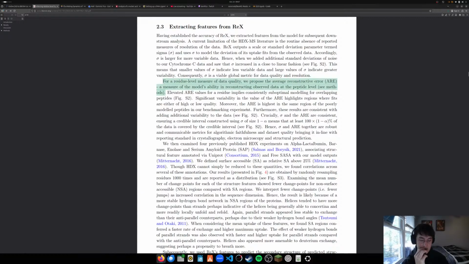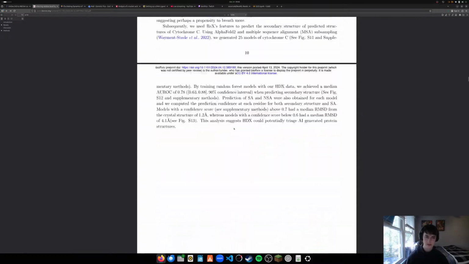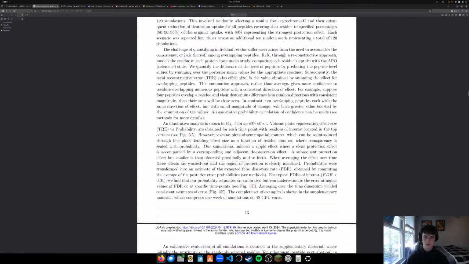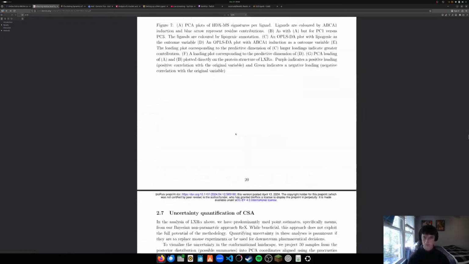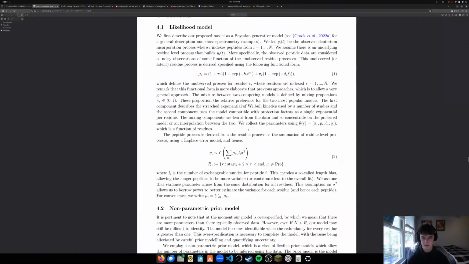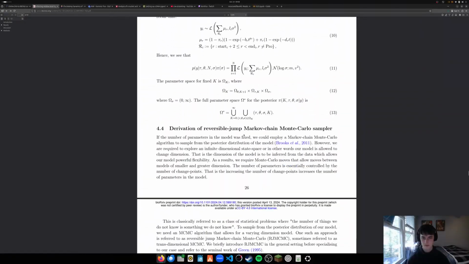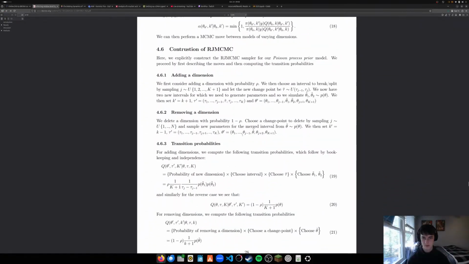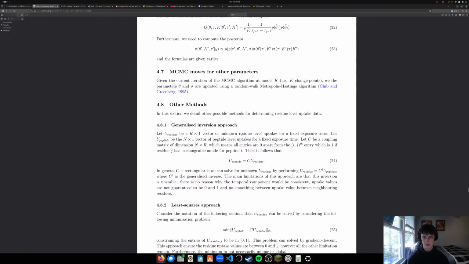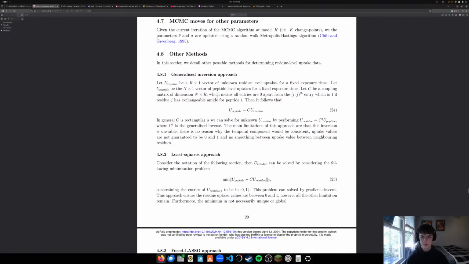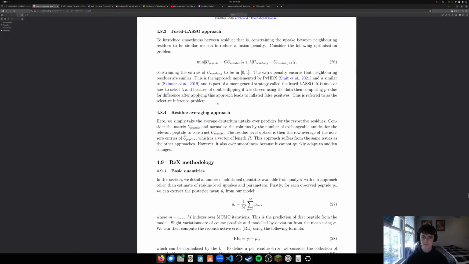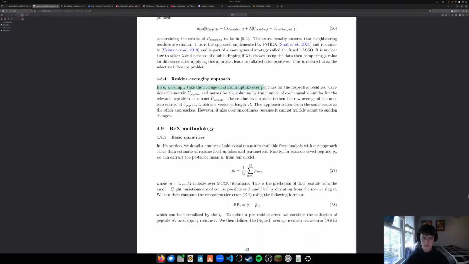So I bet they just take the residual and then map back the overall contribution of the residue. Let's see. Because I actually did use that as a benchmark, or not a benchmark, but a way to probe error on the per residue predictions. Consider and normalize the columns by the number.